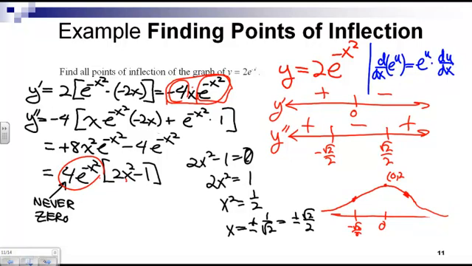If it kept going, it would just go up. From root 2 over 2 on out, it's concave up all the way, or in other words, the tangent lines lie below the curve. And that's how we do these problems.